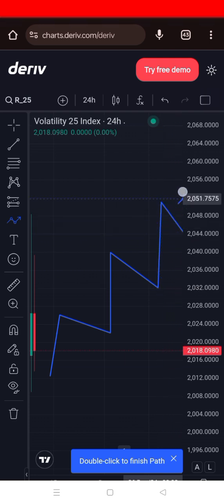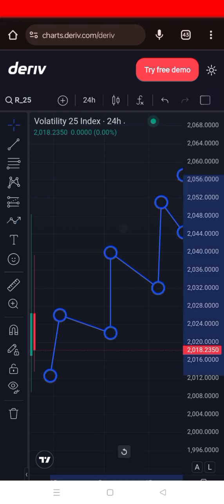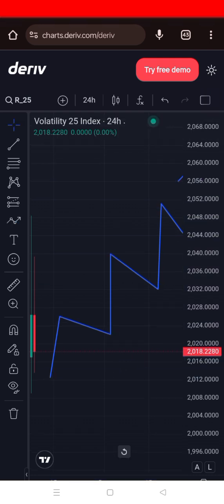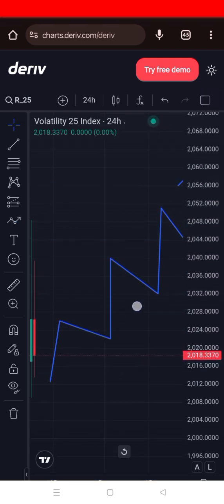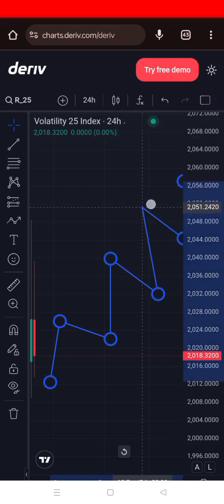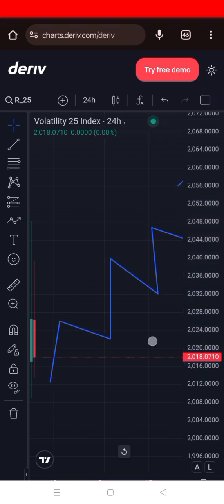With these concepts, as a trader, you need to know that now I'm trying to move in the up direction. That's why the market is making these higher highs and higher lows.